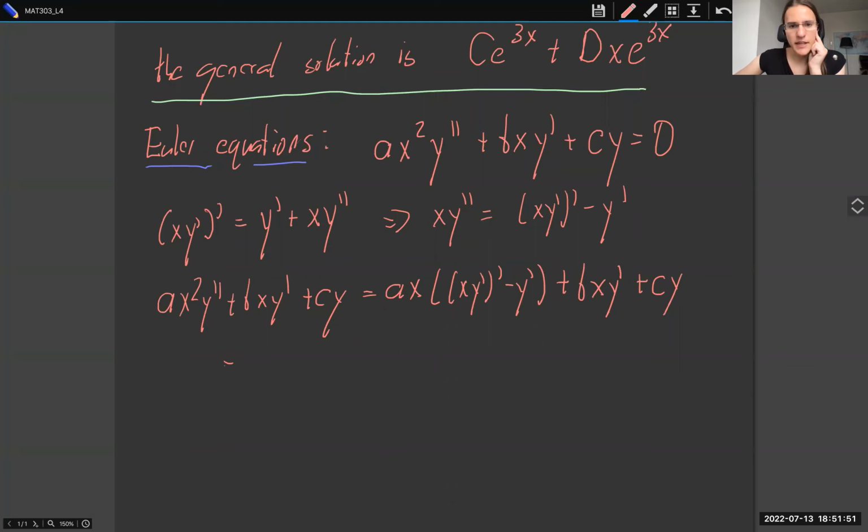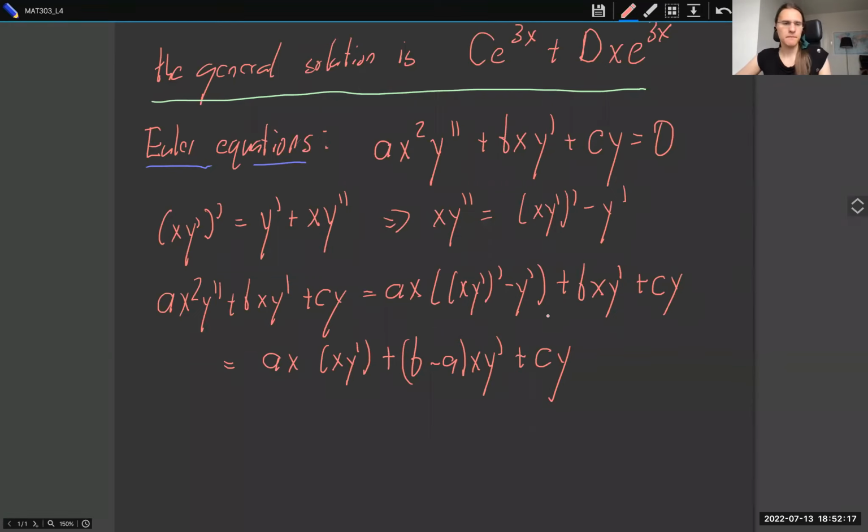And so that gives us a xy prime, and then this becomes plus b minus a times xy prime. So we have the same expression here, plus cy, right?